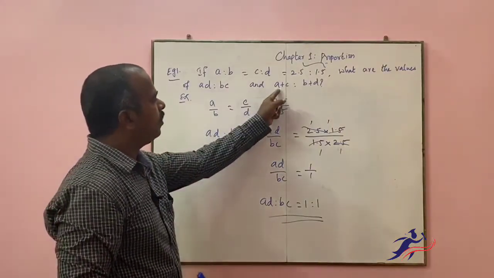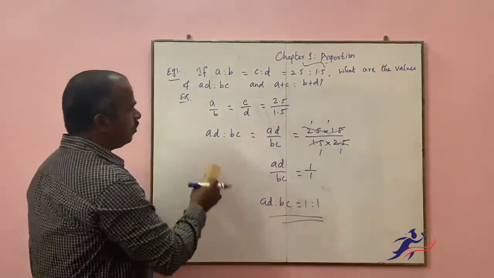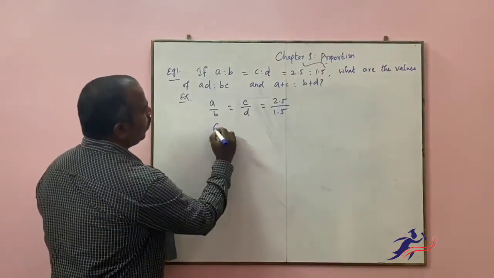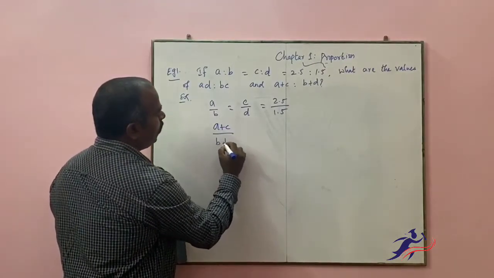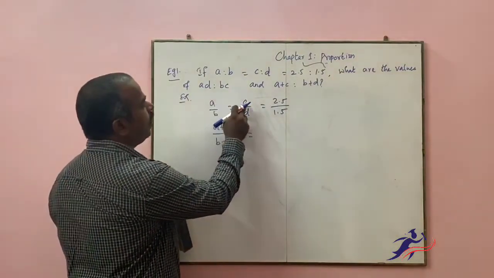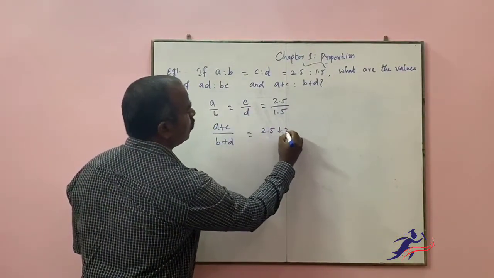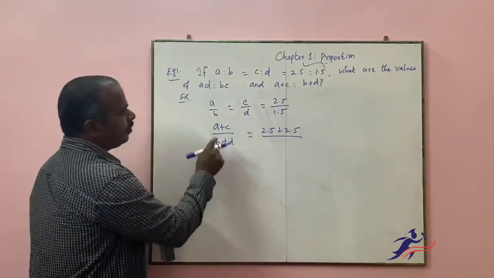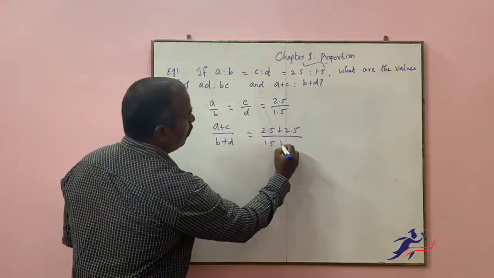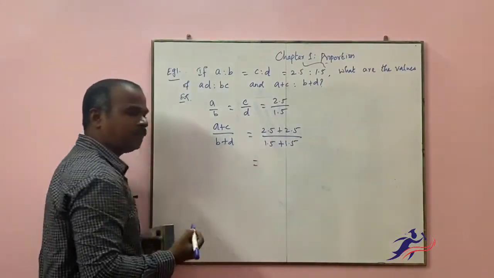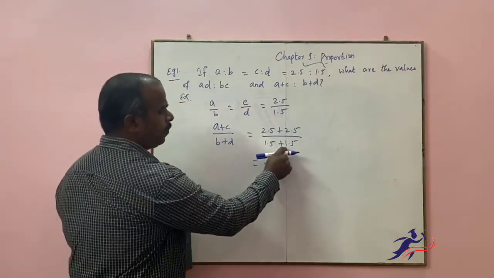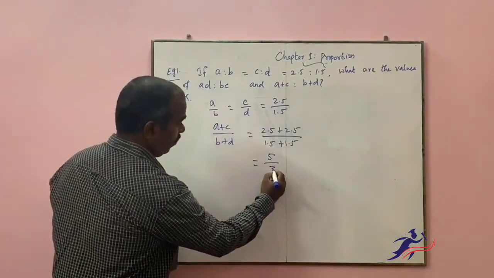Now let us check A plus C is to B plus D. Therefore, A plus C by B plus D is equal to 2.5 plus 2.5 by B plus D, so B and D are the same, that is 1.5 plus 1.5, that is equal to 5 by 3.